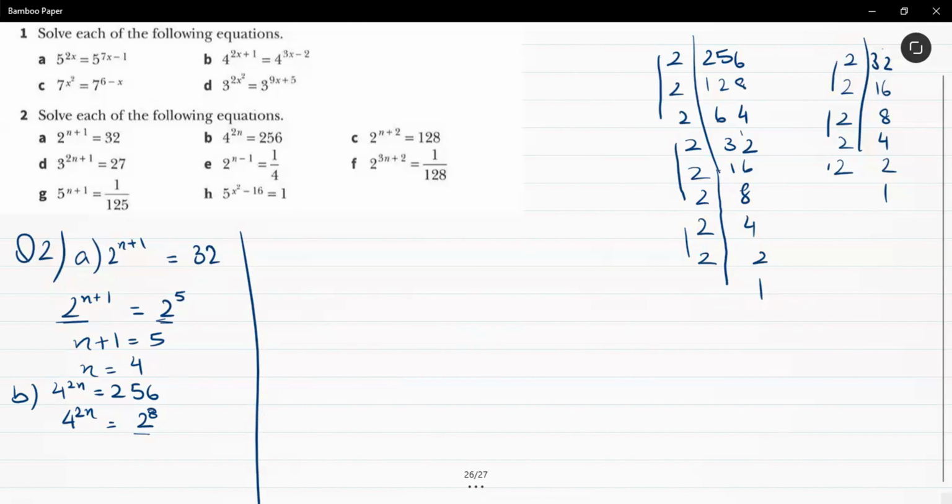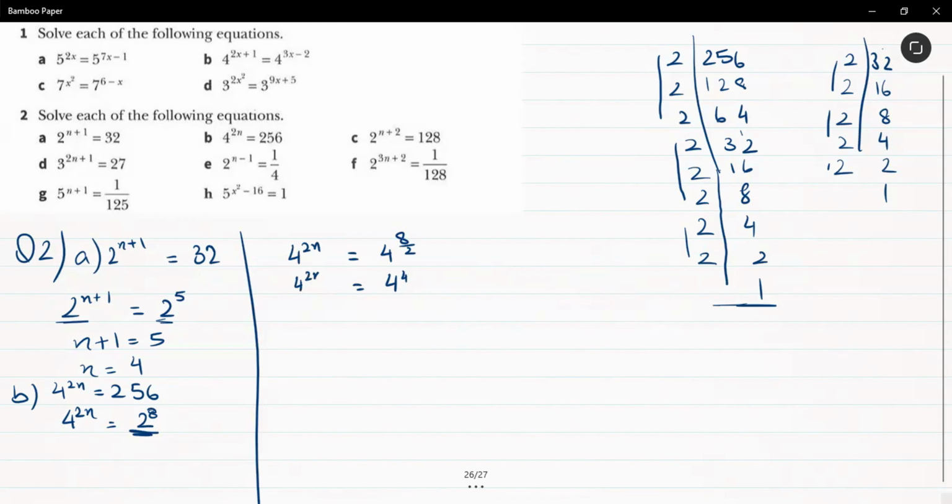what 2 to the power 4 is equal to. So we can say if we square the value of 2, we get 4. However, we have 2 to the power 8 in terms of 2. So again, 2 squared is equal to 4 and the square root of 4 is equal to 2. So if we say 4 to the power 2n is equal to 4 to the power 8 upon 2, we can say that 4 to the power 4 is going to be equal to 256.